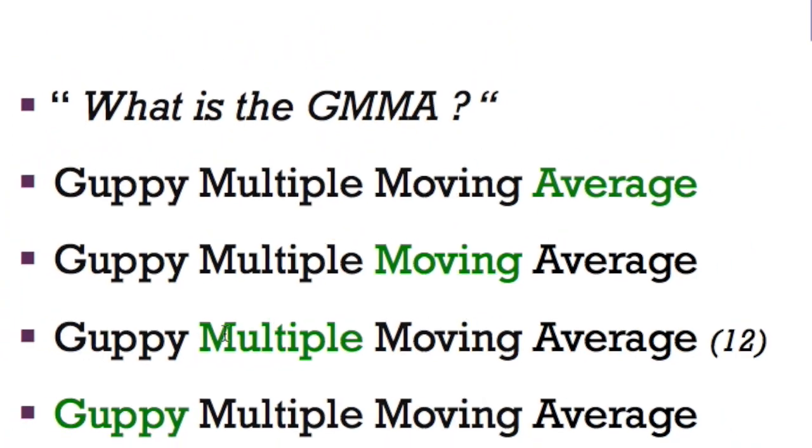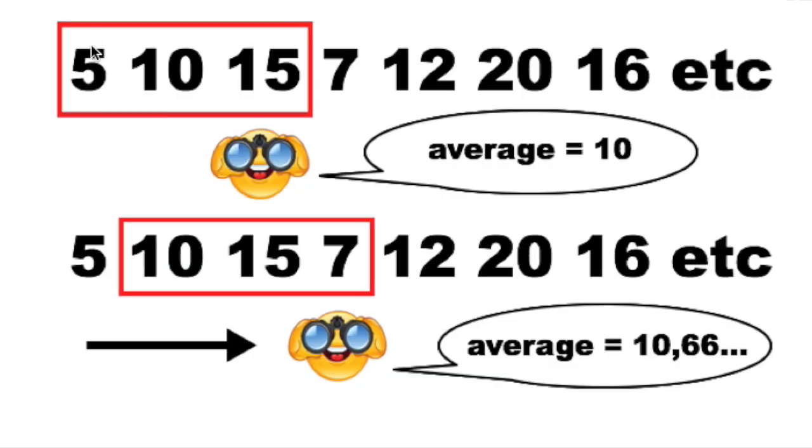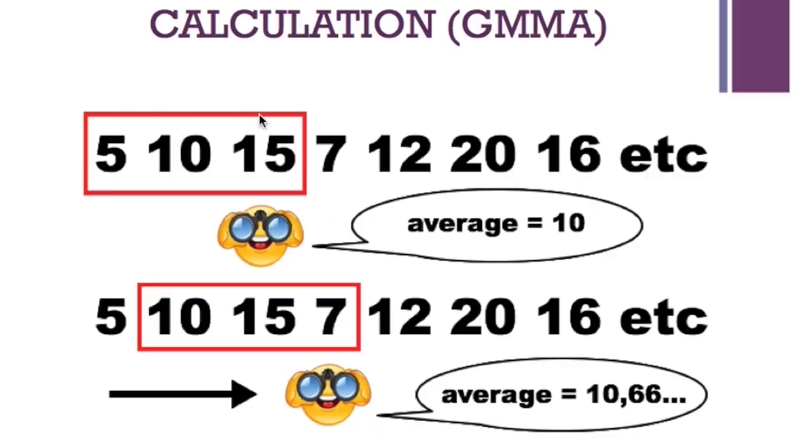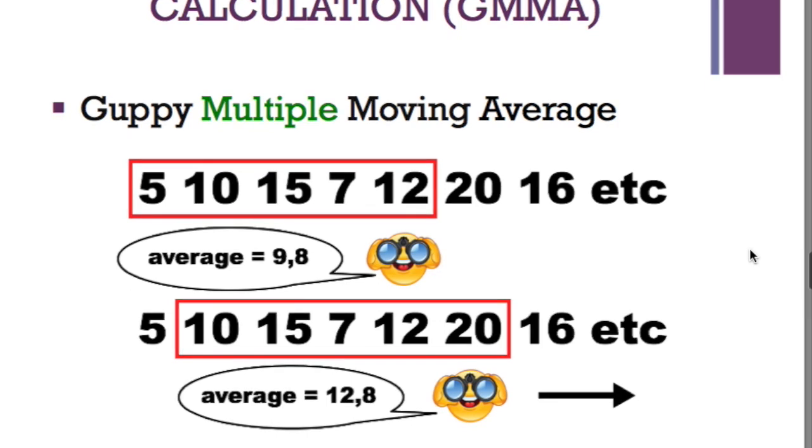Guppy Multiple Moving Average. What does this multiple mean? Well, we looked at 3 values, or we actually call this the 3 periods moving average, because we look at 3 values, but we also, for example, can look at 5 values. 1, 2, 3, 4, 5: 5 plus 10 plus 15 plus 7 plus 12, now divided by 5, the average is 9.8.